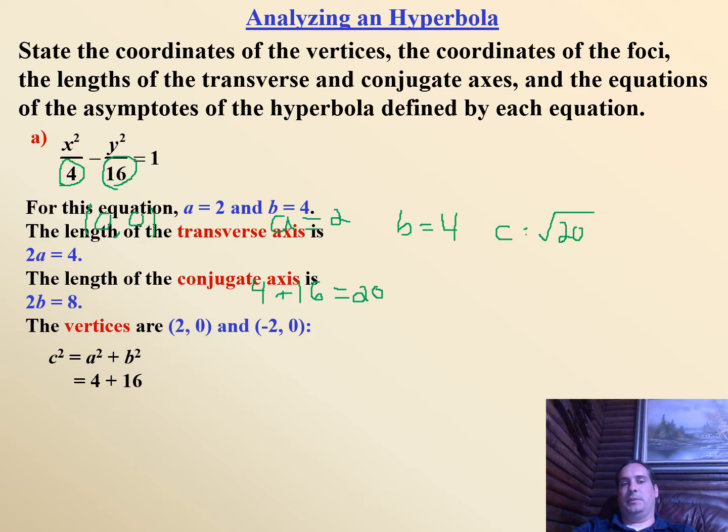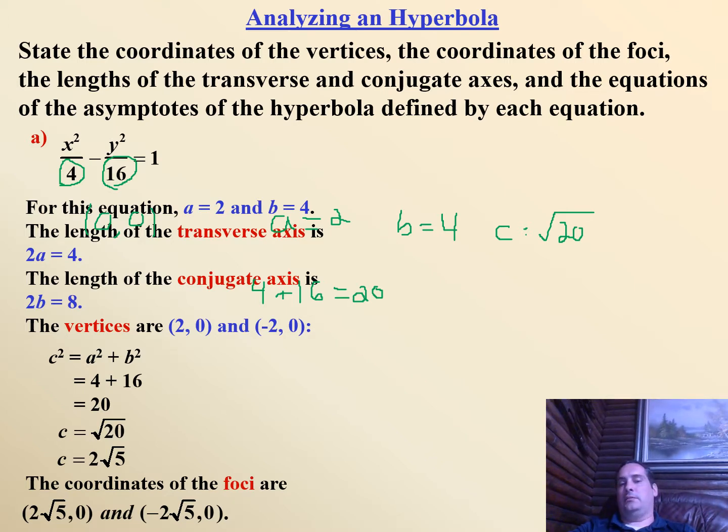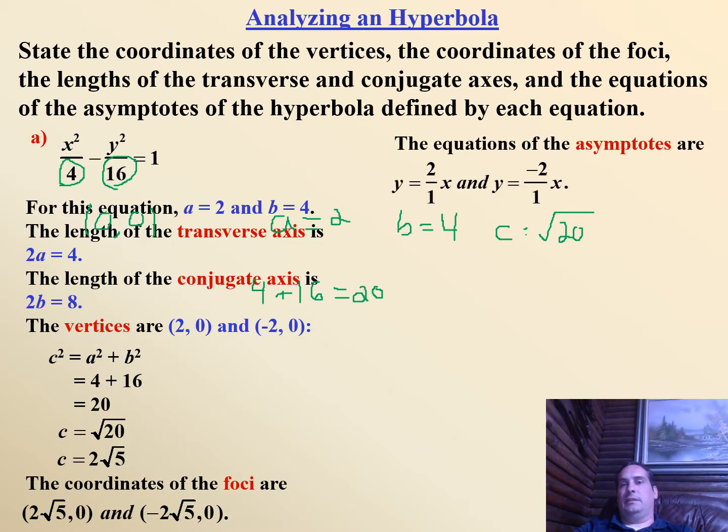Then you do the Pythagorean theorem to get c, which is the square root of 20. The coordinates of the foci would be plus and minus, so 2 square root of 5, 0, and negative 2 square root of 5, 0. And the equations of the asymptotes are y equals 2 over 1 x, and negative 2 over 1 x.